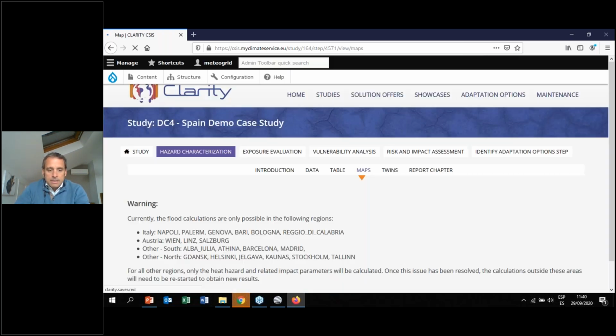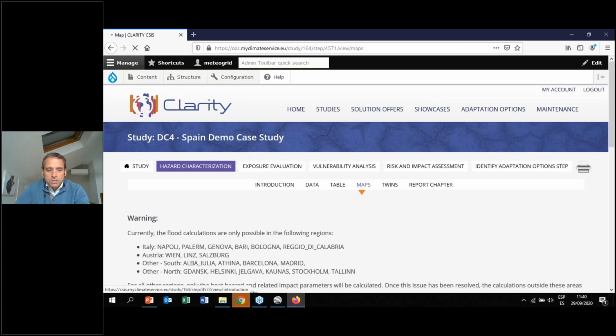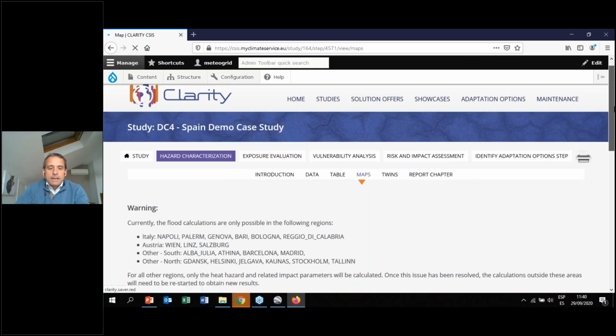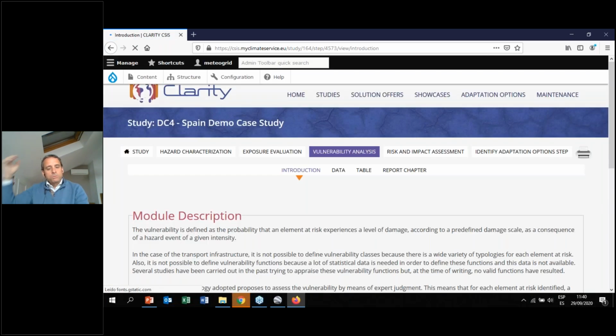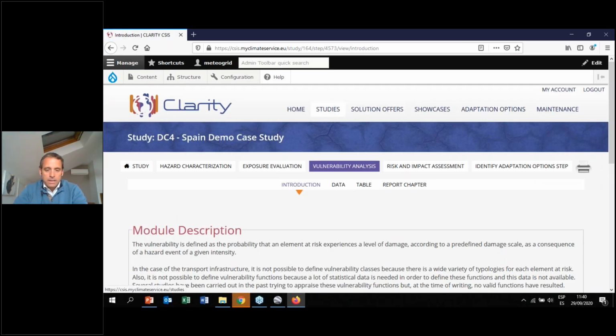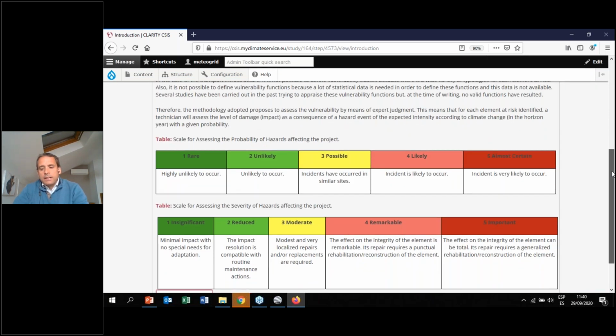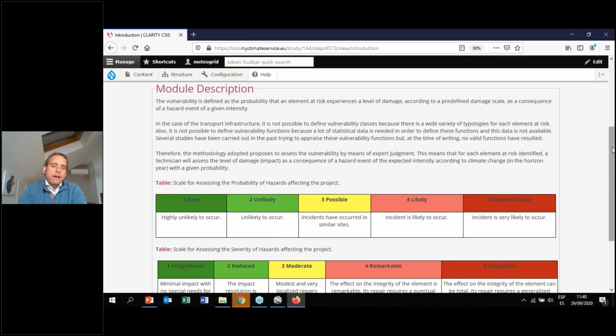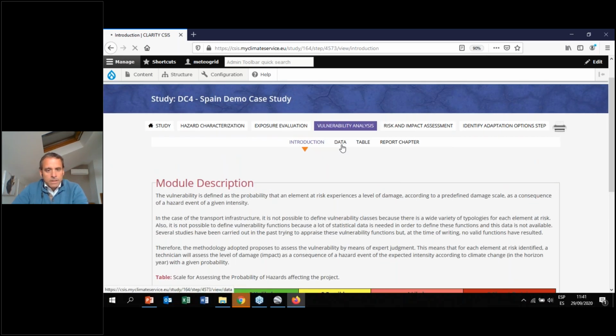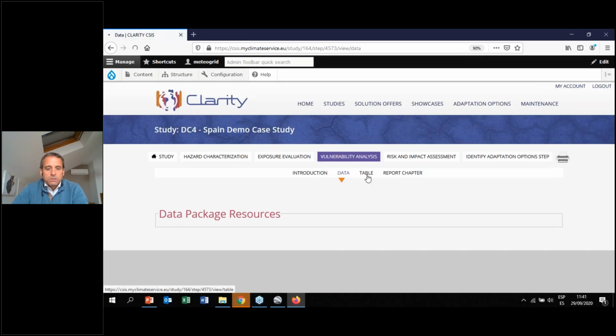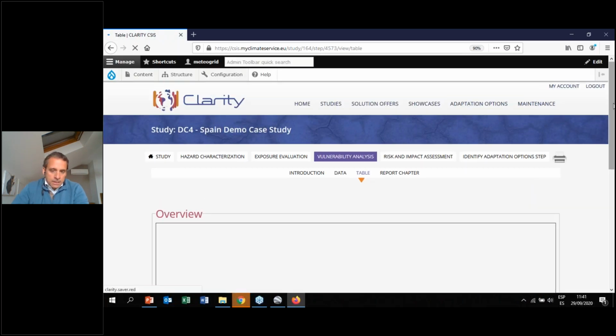Again, we have step one, the exposure evaluation, the hazard characterization, and then the system allows us to make the vulnerability analysis. As previously explained by Laura, we haven't identified a specific formula or simulation for the vulnerability analysis, so we decided to design a system according to the case.